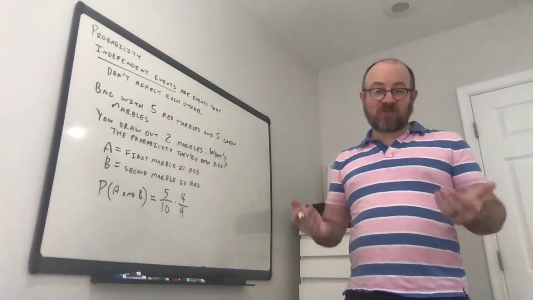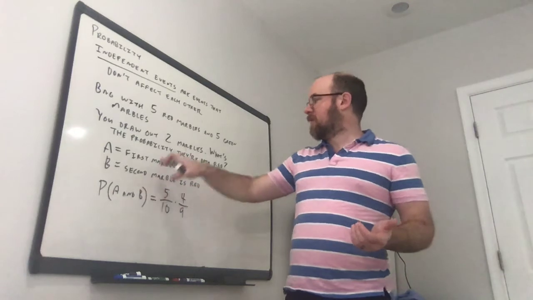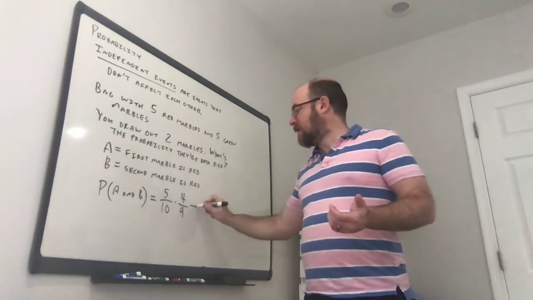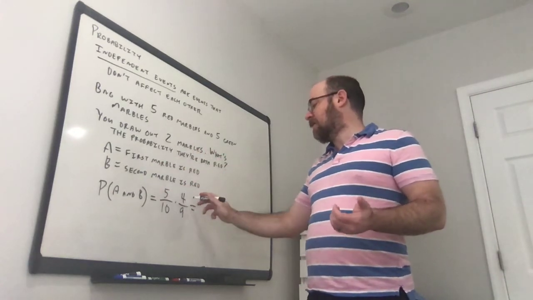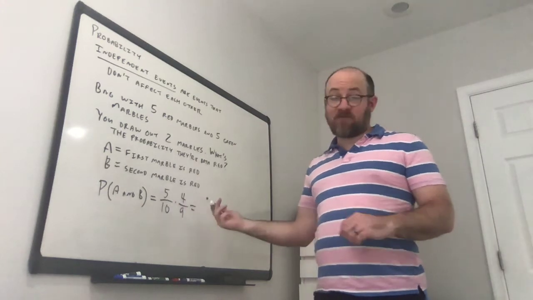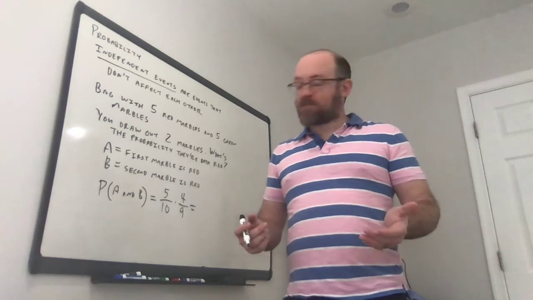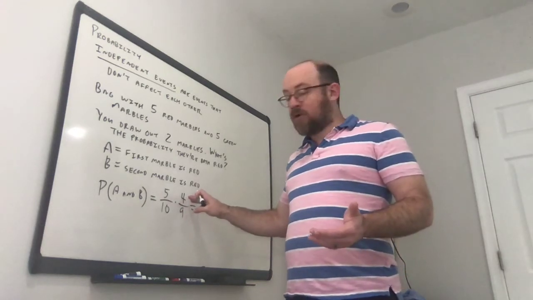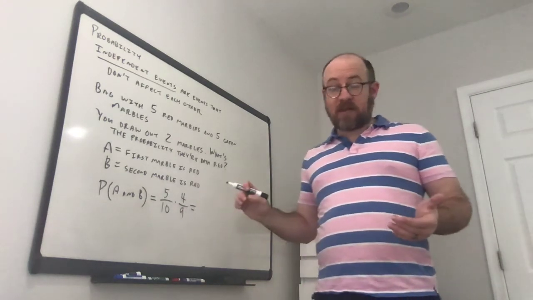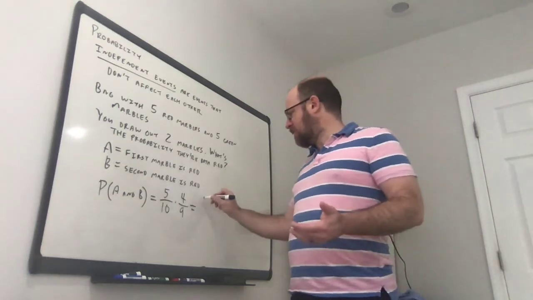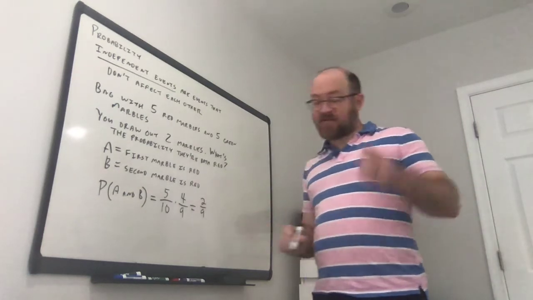That probability has changed. And so the probability that both marbles are red is going to be 5 out of 10 times 4 out of 9. You could still multiply, but you want to change that second probability to make sure that it works. So this is, I guess, 2 out of 9.